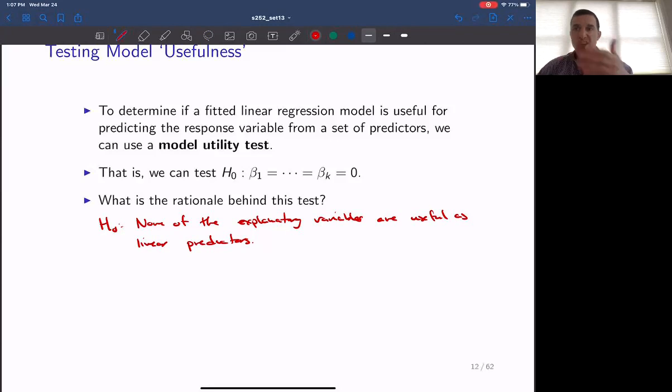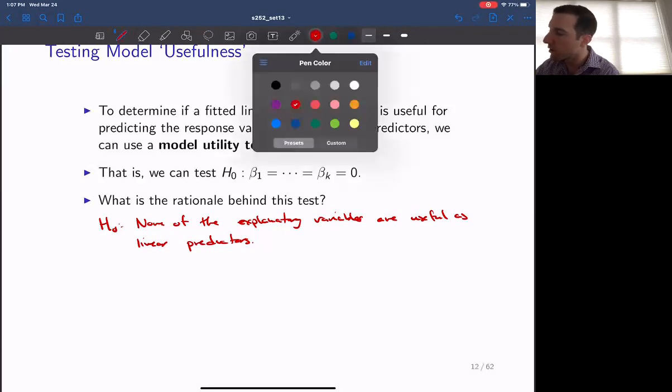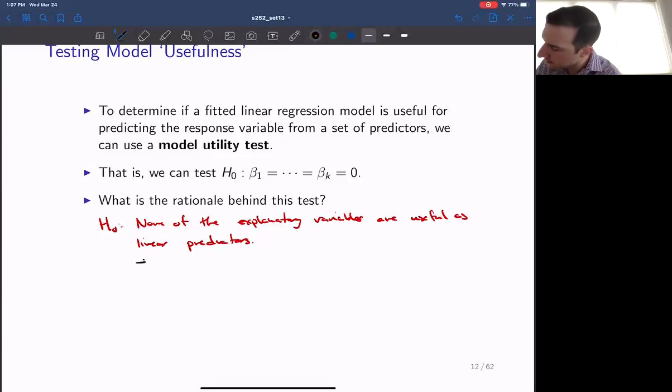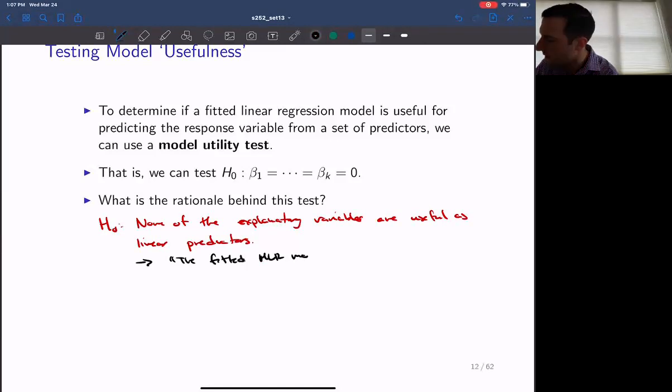So this is the general test of the model not being useful at all, or that none of the explanatory variables are useful as linear predictors, which would mean that the fitted regression model is not useful.